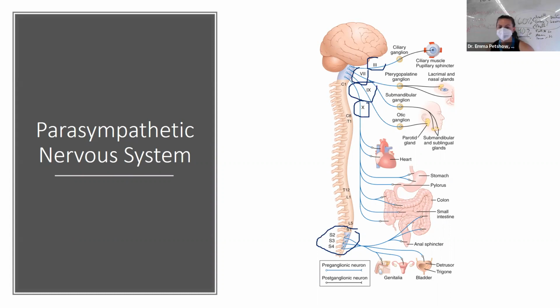And then 10, everything: heart, stomach, pylorus, colon, small intestine. And then down below, our sacrals are more associated with the anal sphincter, urinary things, and our genitalia. So the sacral ones are more associated with the organs in the pelvis region. The vagus nerve is really the big one for the viscera, the heart, and the digestive tract.